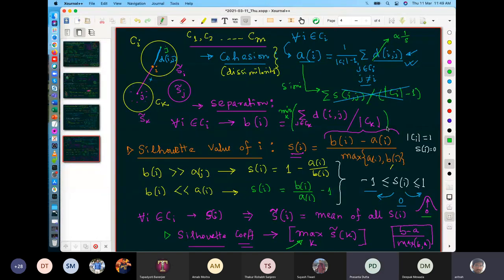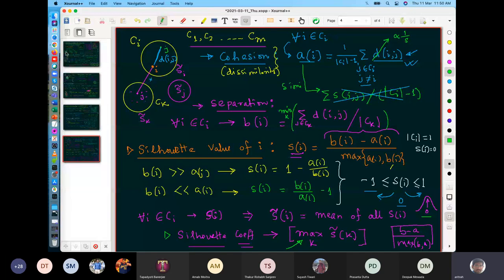Everybody please note, I just missed a point while telling. I told you it's a neighboring cluster, but equation-wise it's that CK which is your neighbor. I want the separation from my neighboring cluster.